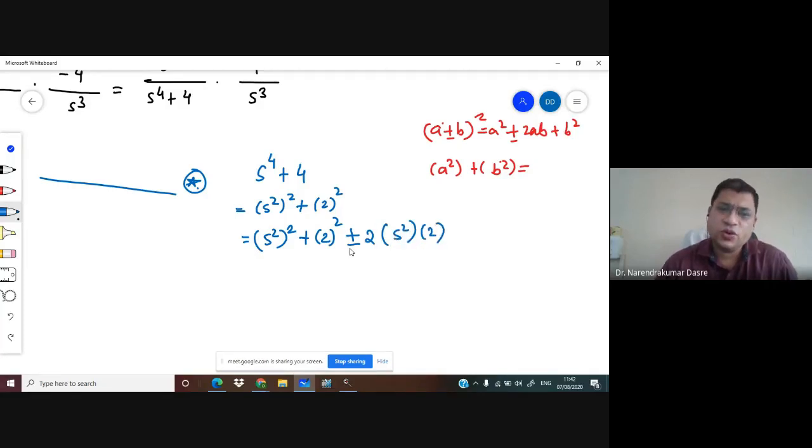Okay, so then it will become the perfect square. So what I'll do is I'll add and subtract this term. So I'll have this is minus 2s square into b. So what is b here? It is going to be 2.